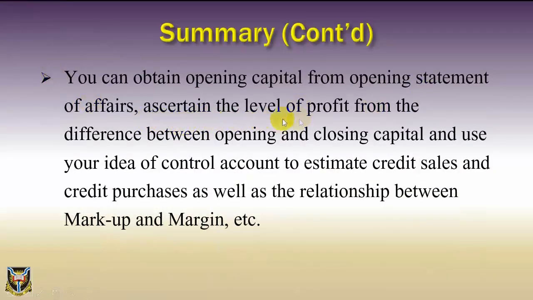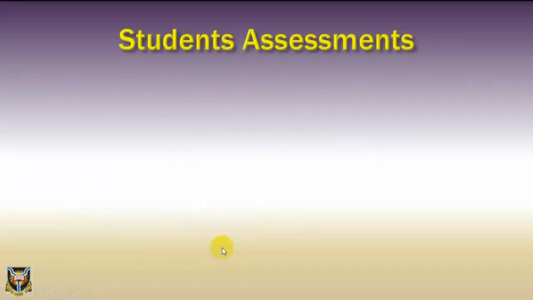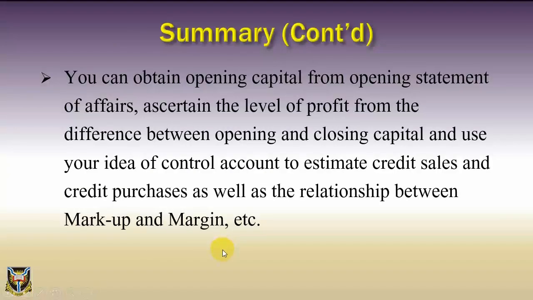You can ascertain the level of profit from the difference between opening and closing capital. You can use your idea of control account to estimate credit sales and credit purchases. The relationship between markup and margin may be required in estimating purchases and sales of stock. You can ascertain the expenses incurred in a particular period by making necessary adjustments for accrued and prepaid expenses figure.